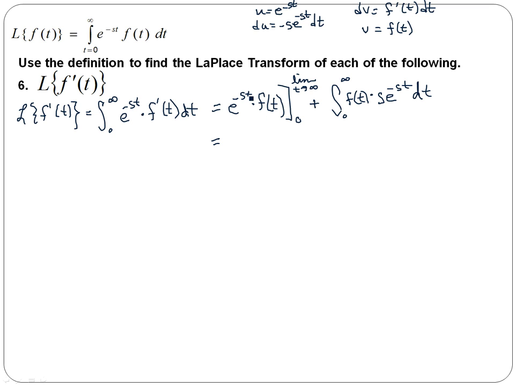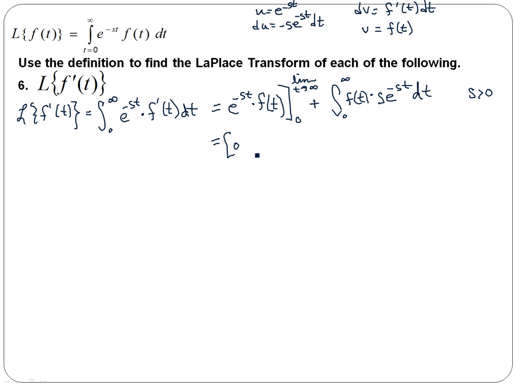Now on this first term, when I apply the limit as t goes to infinity, as long as s is greater than 0, e to the negative st will go to 0, and so that'll give me a 0.